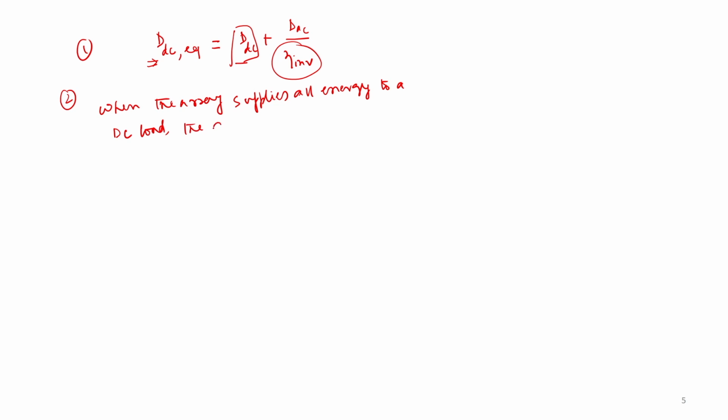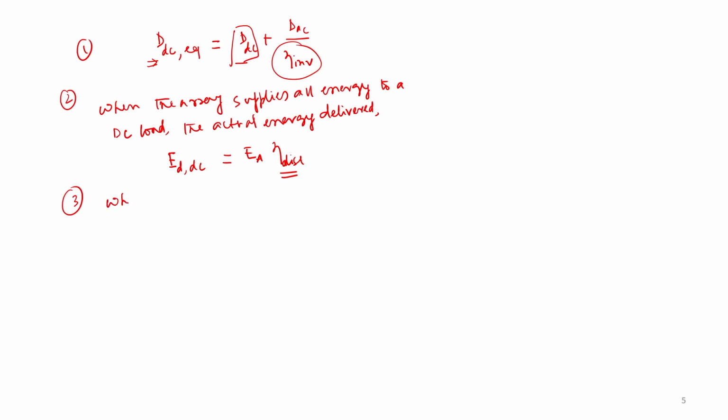Then the actual energy delivered, which we represent as E D DC, will be equal to E A times the distribution efficiency. So, this is something like losses associated with the cables. And maybe we can have more such situations.